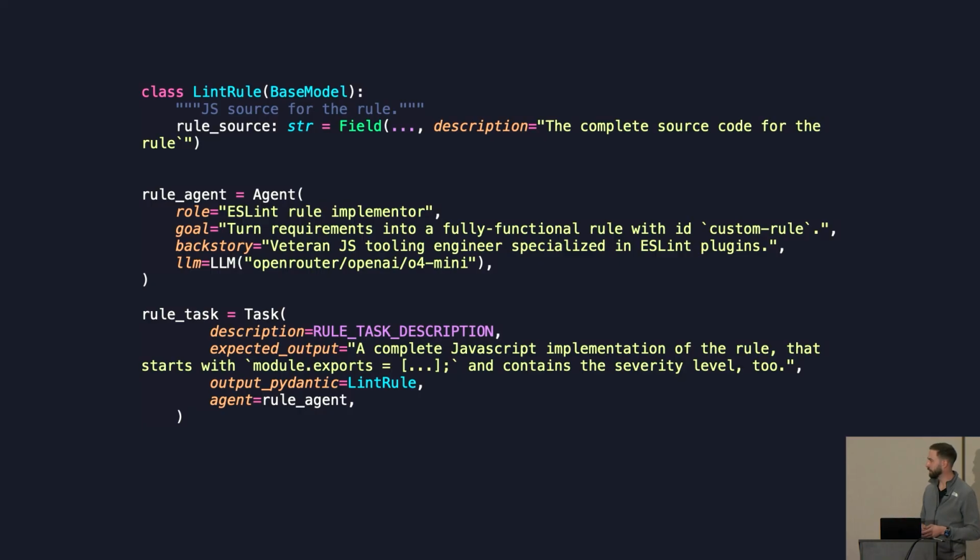And then we have the agent, turn requirements into a fully functional rule with ID custom rule. This is a veteran JavaScript tooling engineer specialized in ESLint plugins, so must be good. And we're using the o4-mini reasoning model for that, just because it's a bit better at reasoning about the effects of the rule. And then we have the rule task, where we specify the output model and the agent, and that's it.